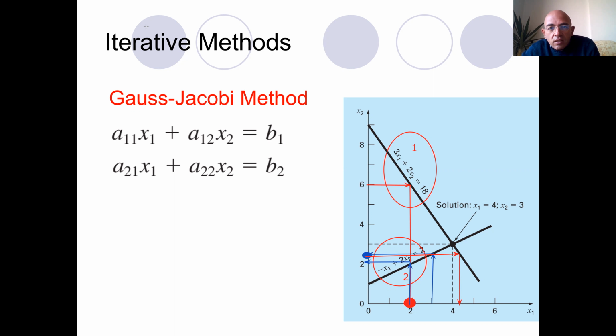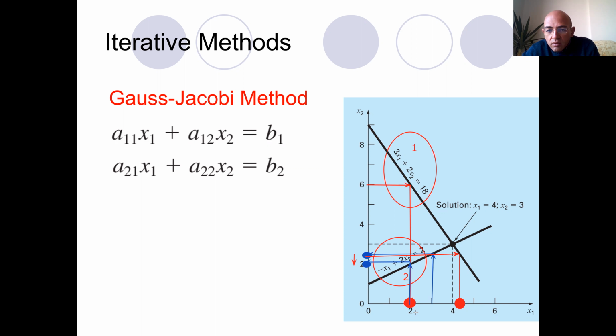As a result, I have a new approximation for x2, and I have a new approximation for x1. So from the first iteration to the second iteration, I go from 2.5 to 2, and from here I go from 2 to 4. So it goes like this, and you continue to do it successively.